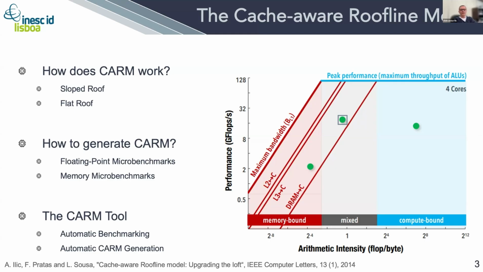So let's go back to how we actually construct the cache-aware roofline model. To do that, we need a set of micro benchmarks for both the memory part and the compute part. And that is something that we provide within a tool, with completely in-house micro benchmarks that are automatically generated for you. So why did we need a tool?